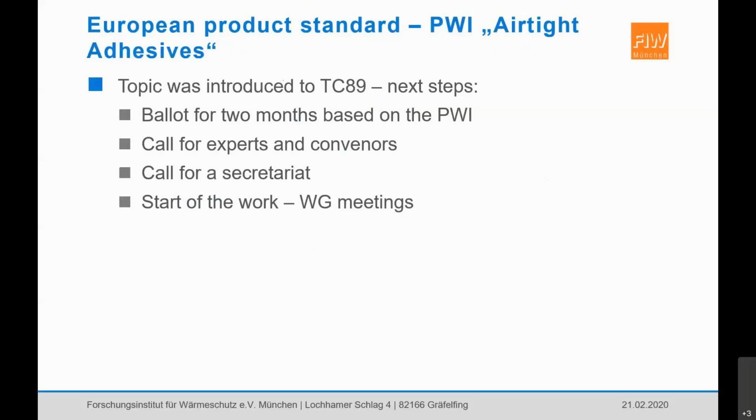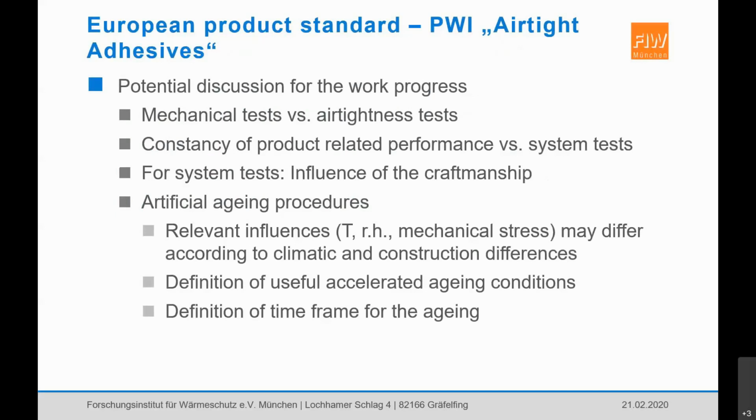So we are about to start with the ballot, hopefully in the next weeks, and when we have the acceptance of the TC to support this product based on this PWI document, we can start to call for experts and conveners and then start the work. Last slide, some ideas about potential discussion for the work progress.